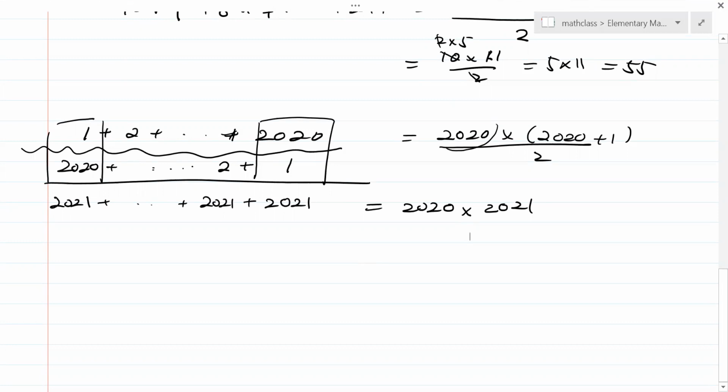You can begin with a 10. Begin with 10 plus 11 plus 12 all the way to 23, right? Add them together. If you use the formula, how many numbers are here?